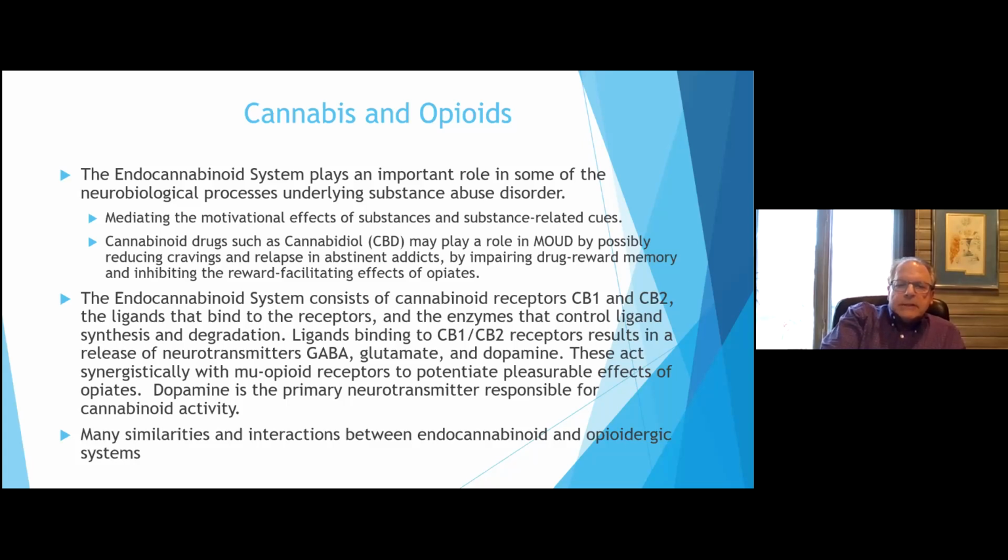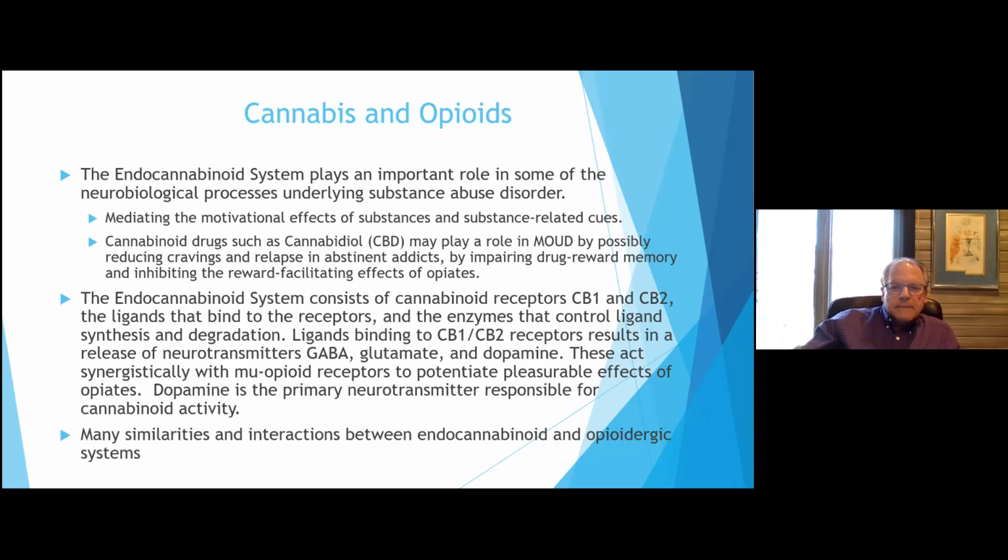The endocannabinoid system also consists of the ligands, which bind to the receptors, and substances that increase or decrease the metabolism or catabolism of the ligands.